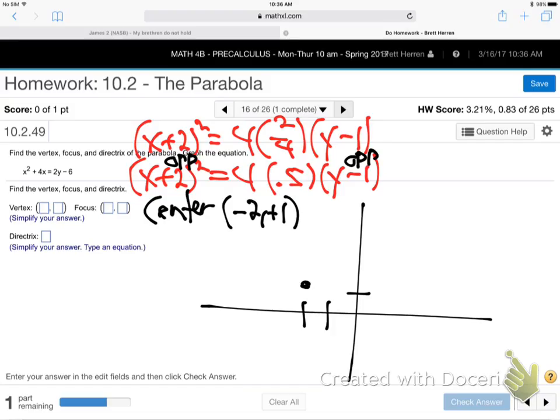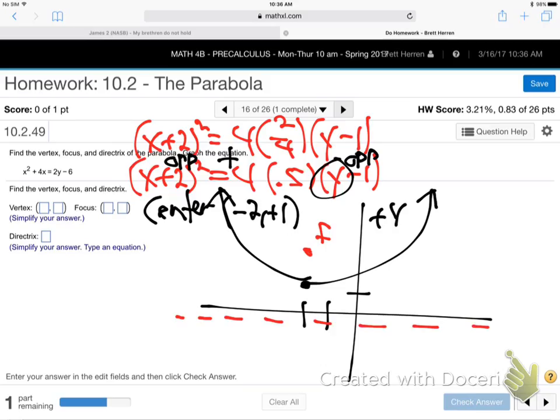Where's this parabola going? Up or down or right or left? Yeah, look at right here. We have positive y. Positive y, up. Good. Positive y. The first power letter tells you the story. And so basically we're going to have some kind of focal point up here and some kind of directrix line back here.